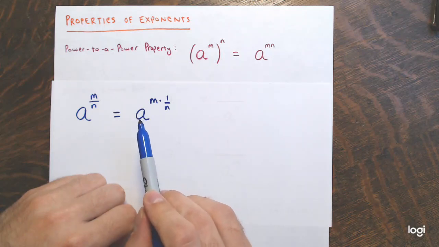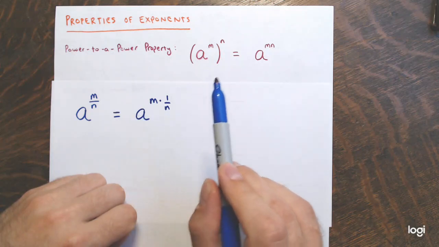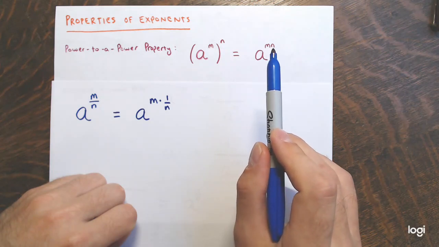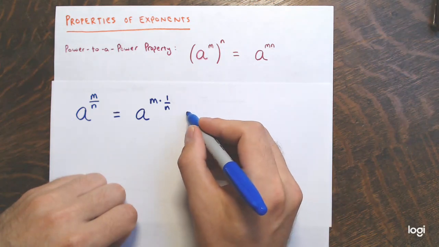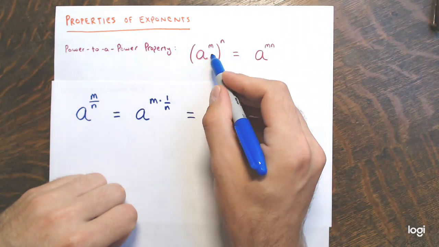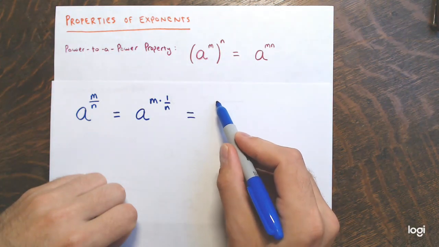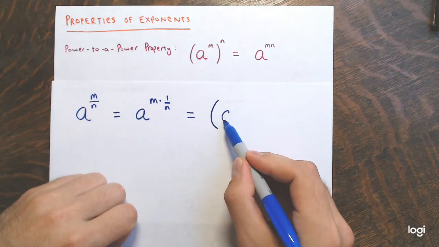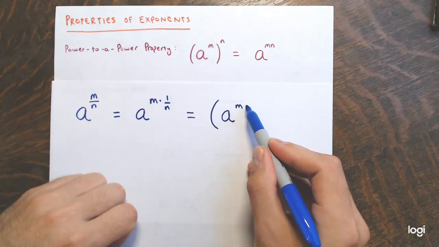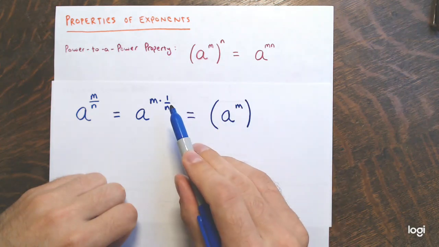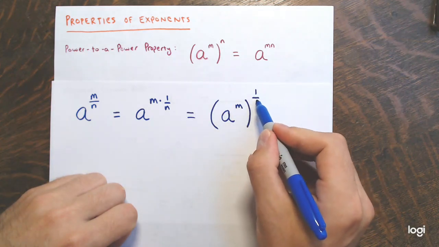And now I have this base to a product, which is exactly like the right side of my property here. When I have a base to a product, we can write this as something to a power and then again to another power. This would be equal to a to the mth power, in parentheses, that's the base, raised to the 1 over n power.